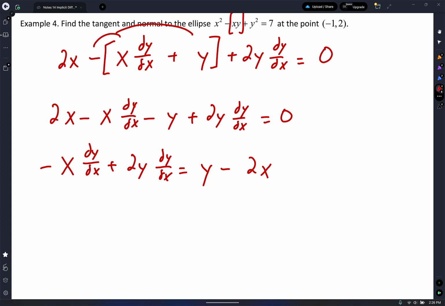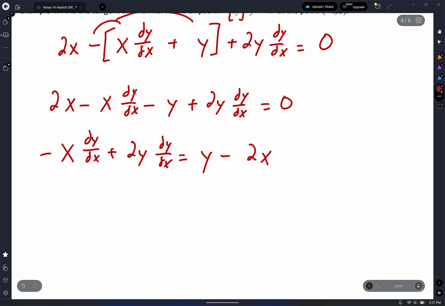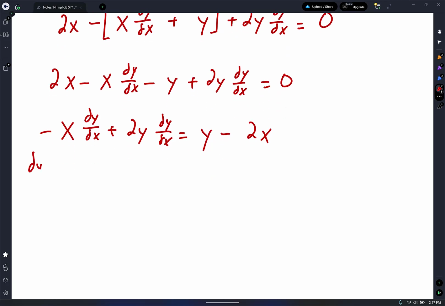I usually like to have the positive first, but I know I have a negative x there. What am I going to factor out? Factoring out a dy dx: dy dx times negative x plus 2y equals y minus 2x. What am I going to do next?